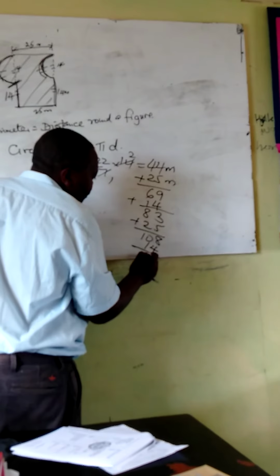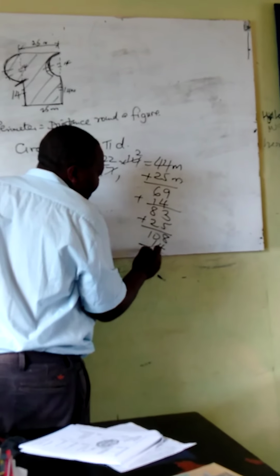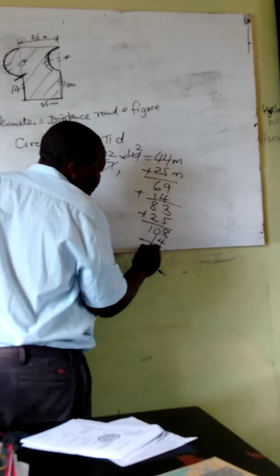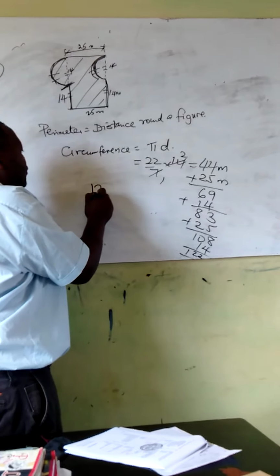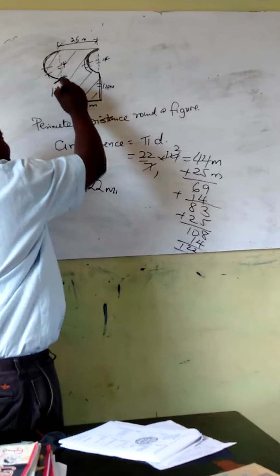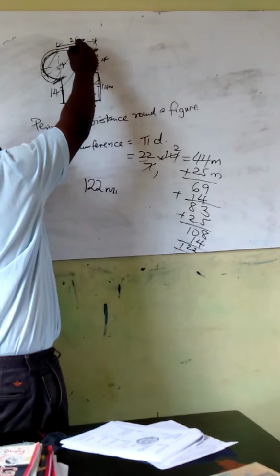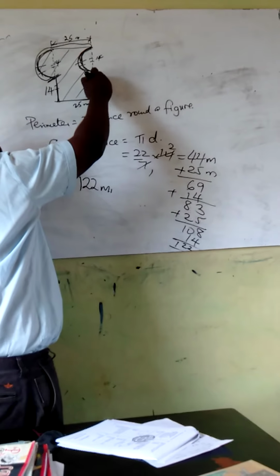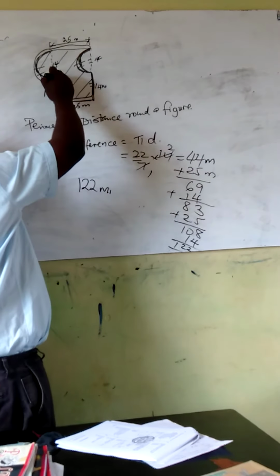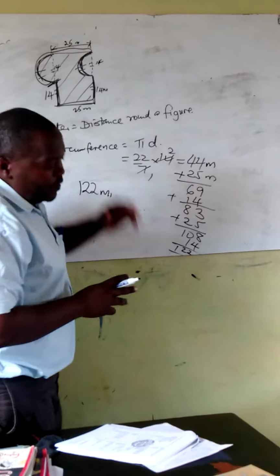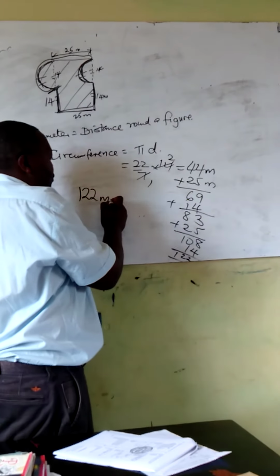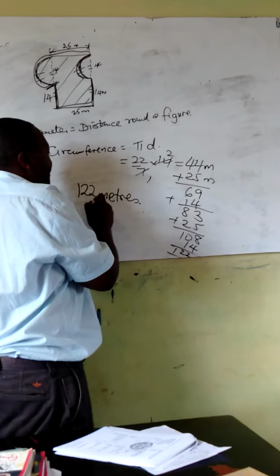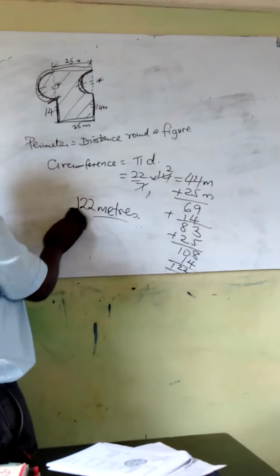We have traveled right through, and this gives 122 meters. So the perimeter of that diagram is 122 meters.